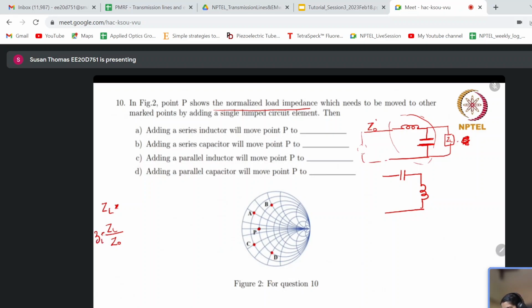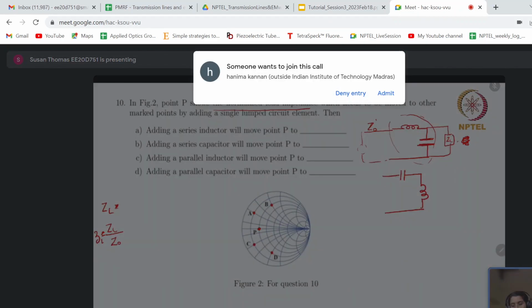Once we get the normalized impedance, we plot it on the Smith chart. Such a point is point P. Now once you add an LC matching network, this point P will move. So where it moves is the question.